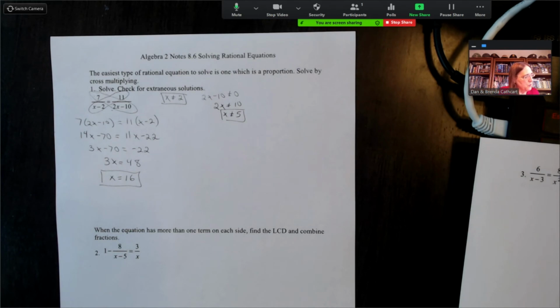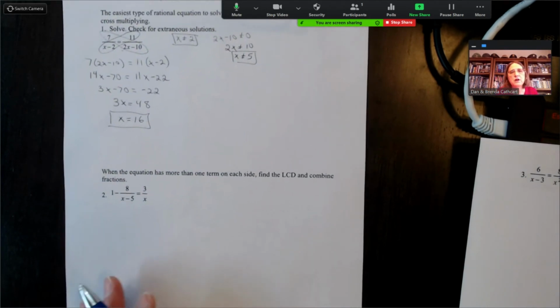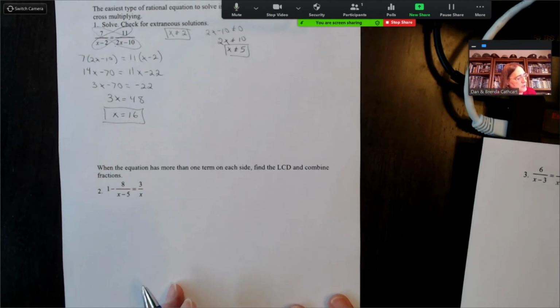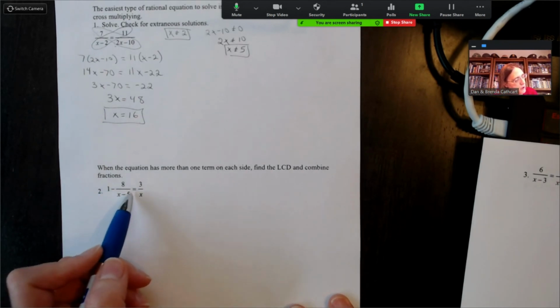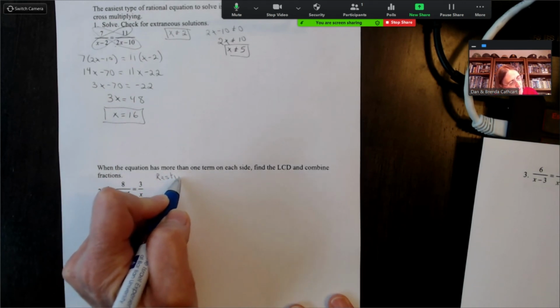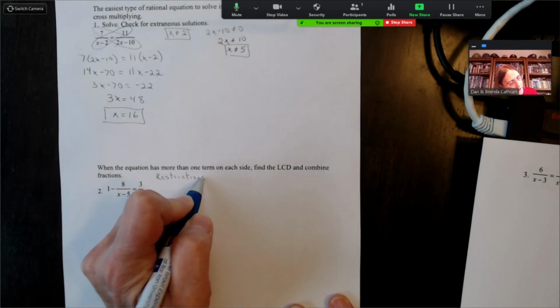Now, when the equation has more than one term on each side, we need to find the least common denominator, and we actually need to combine fractions. So we need to remember how to add rational expressions. As we get started, we're going to start by looking at the restrictions, the values that we can't have for x.